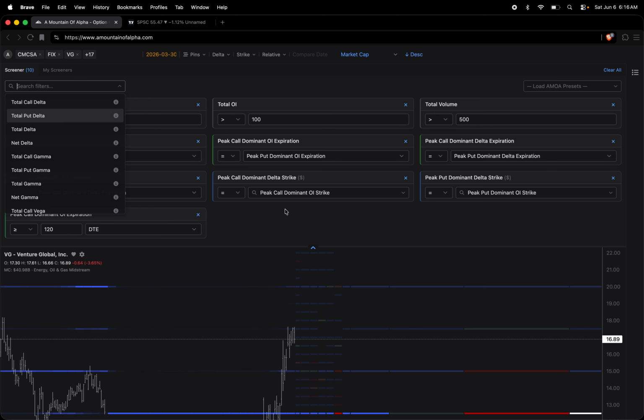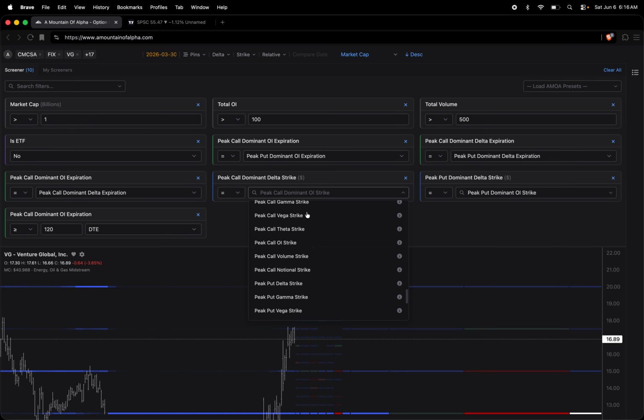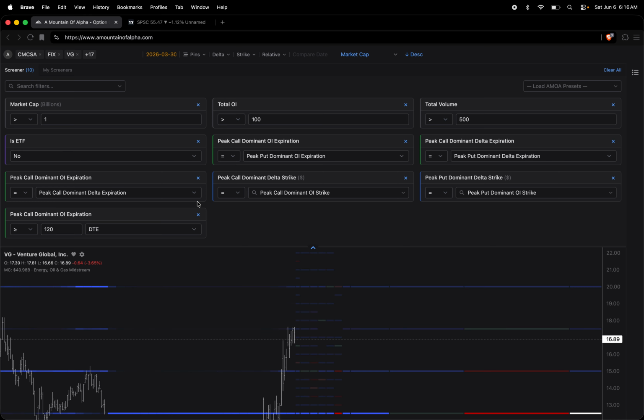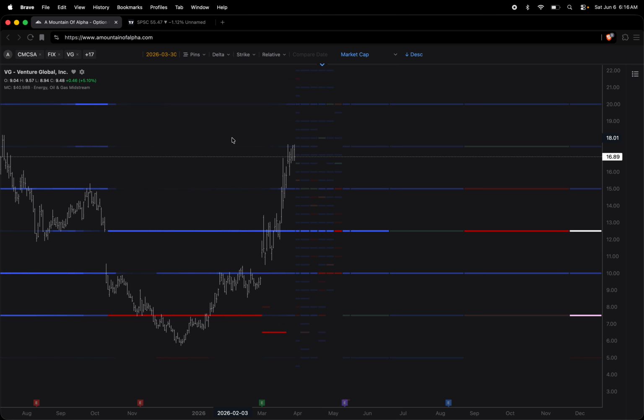Strike's not there. Can I do that here? Ah, that's where you do it. So you can't add the same metric twice, which I think I want to allow you to do. But here, I would want the close to be below the put side, right? That's what I would want.